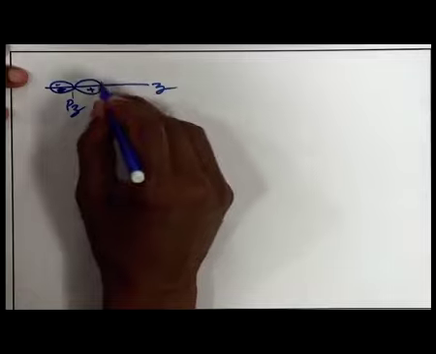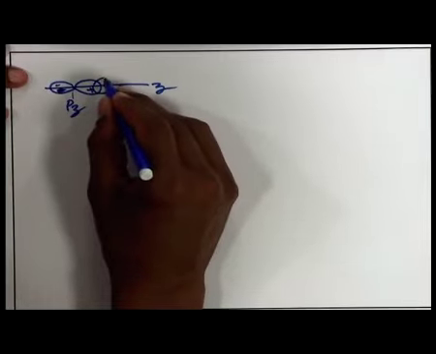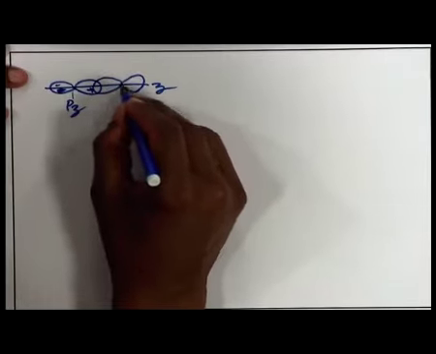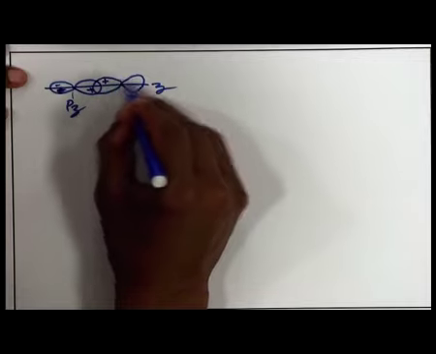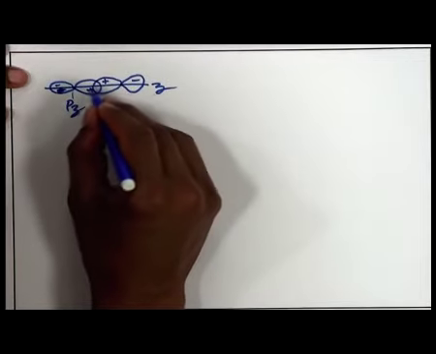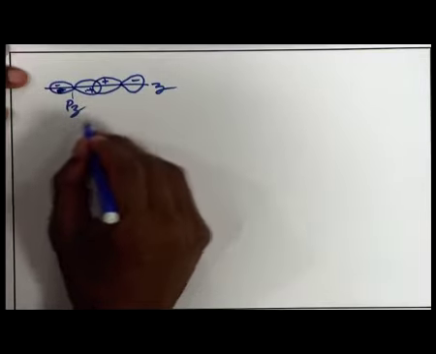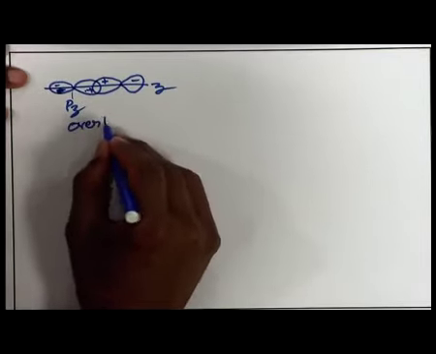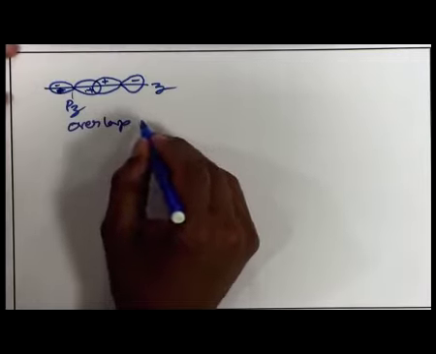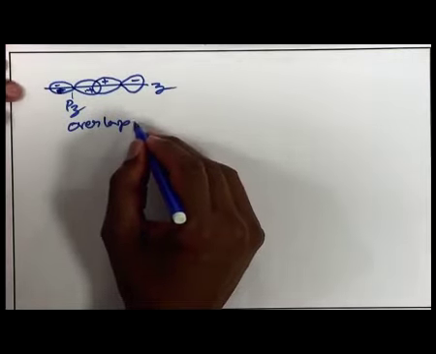Now, you can have another orbital overlapped with this one. This is positive, this is negative. The sign of the wave function for this orbital is positive, and this is also positive. Here the overlap is positive, greater than 0.